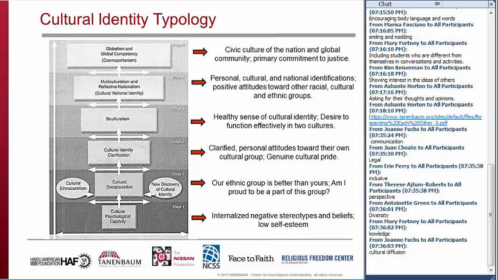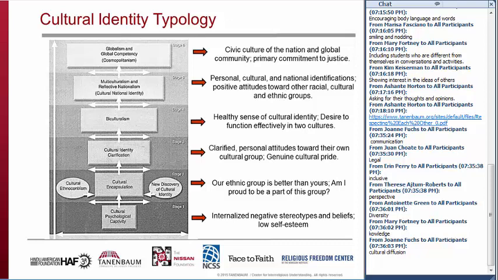In the next phase, multiculturalism and reflective nationalism, you see personal, cultural, and national identification. So it's no longer just thinking about, I am a member of this one small group. The identification begins to expand: I see myself within my culture, and I see myself as part of the national culture as well.